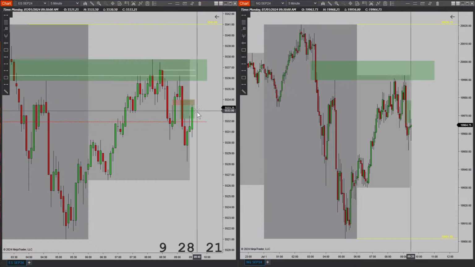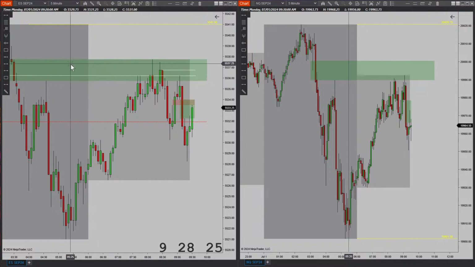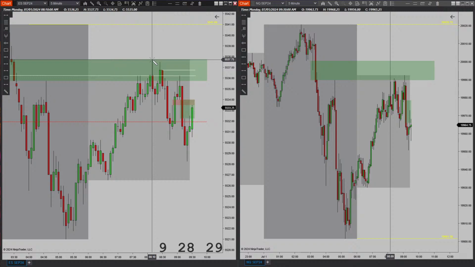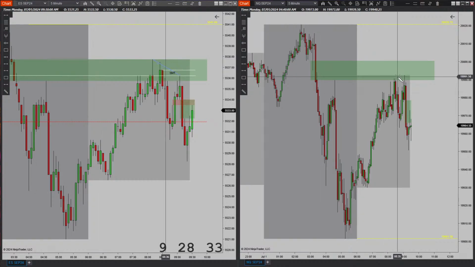All right, have I been triggered in yet? Not yet. The reason I'm getting short here is because we do have SMT with this high and this high, and we do have SMT with this high and this high.